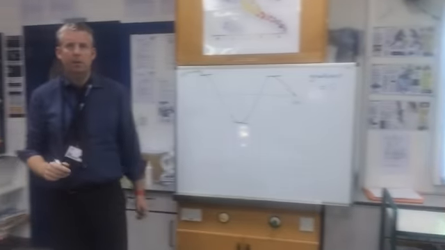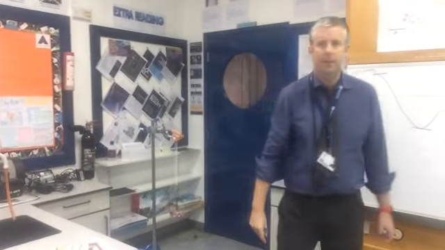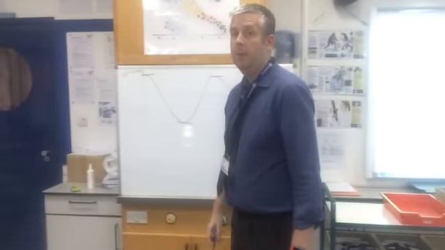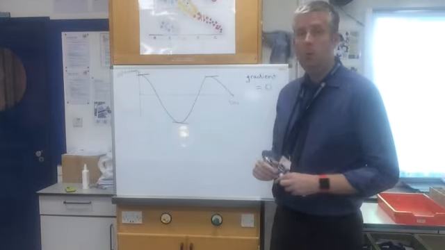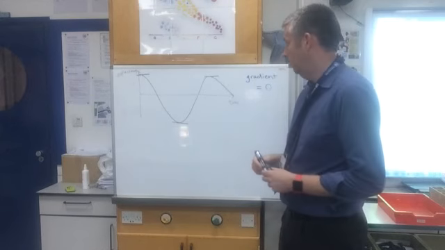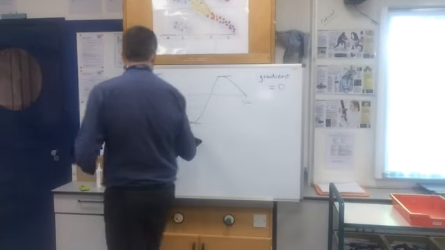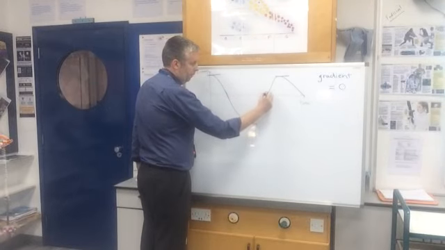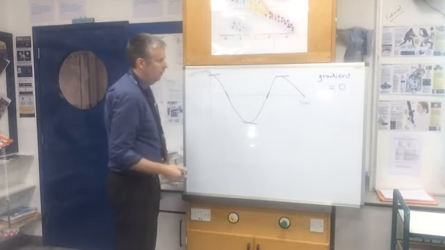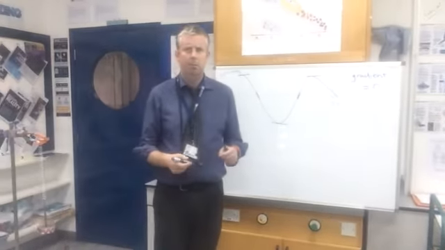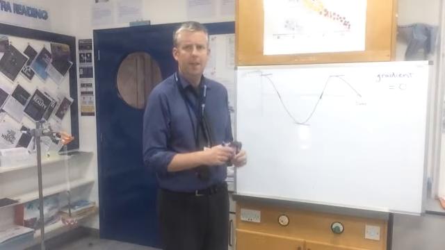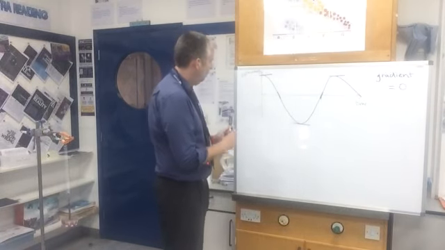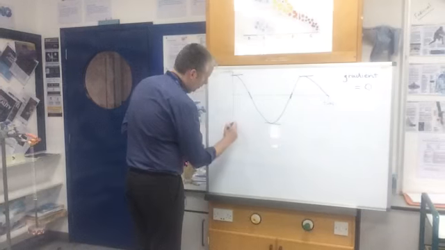And hopefully you remember that the gradient of a displacement-time graph will give you velocity. Here, maximum negative, maximum positive. I can tell that because the gradient of the line is at its steepest. So I've ended up with something.